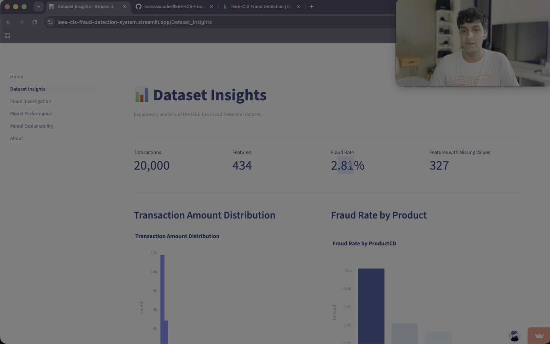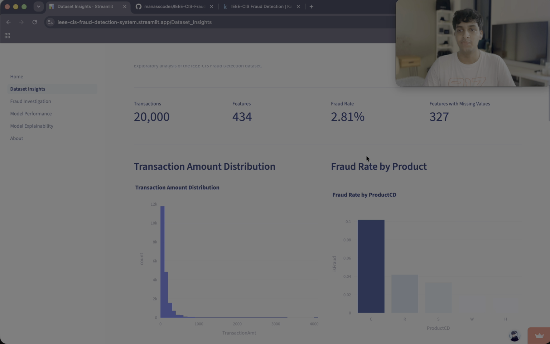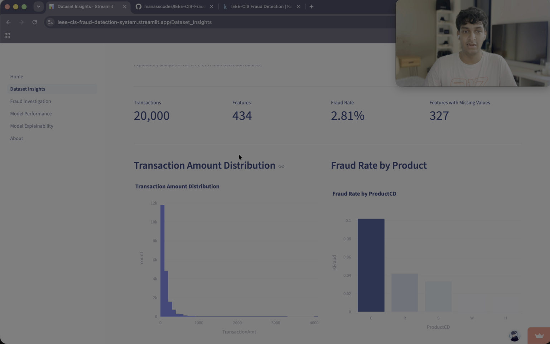The fraud rate is 0.281% with 327 missing values. So basically it is a highly imbalanced dataset. Predicting a result from it is difficult, but we have done it using exploratory data analysis techniques.